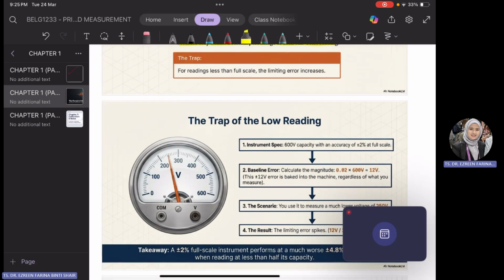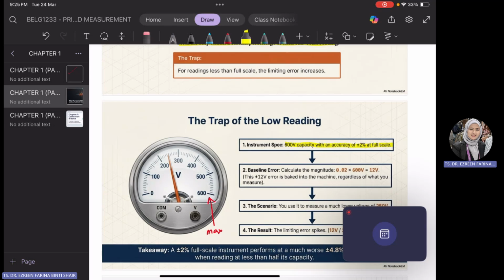For example, you have a 600 volt voltmeter with an accuracy at full scale of plus minus 2%.